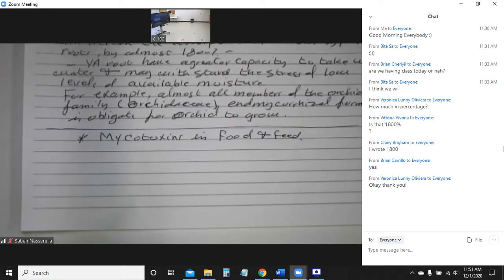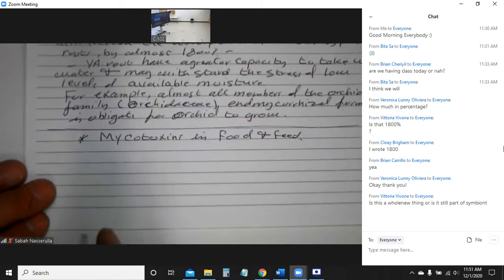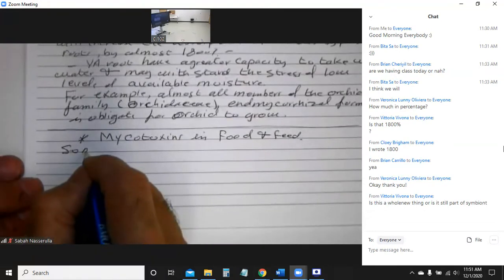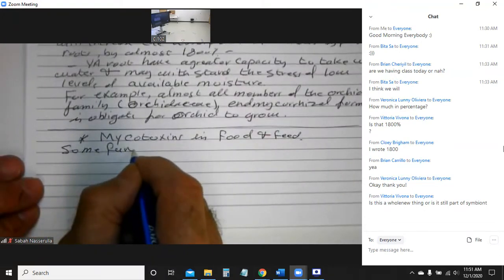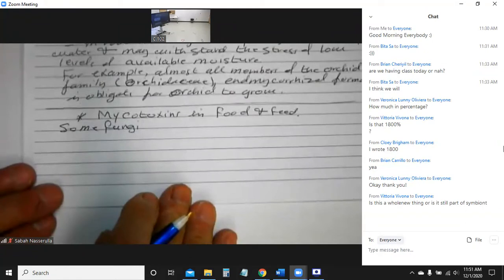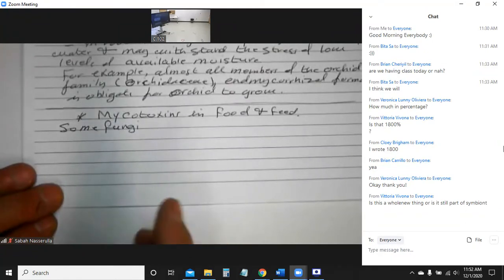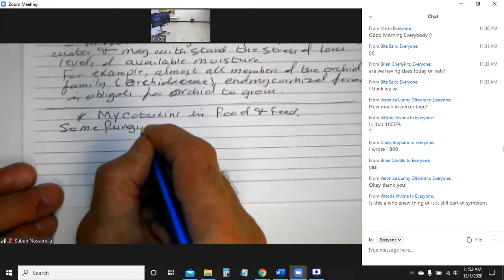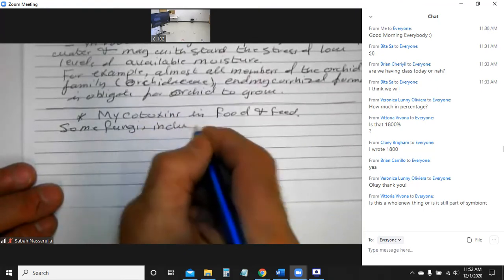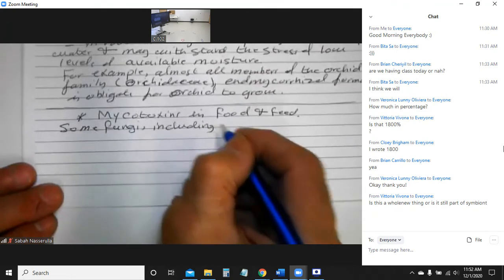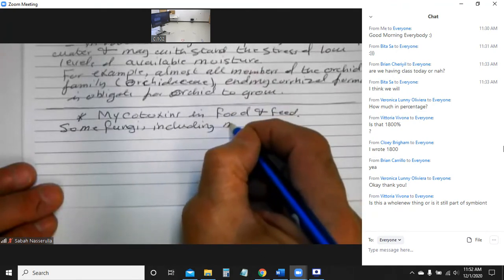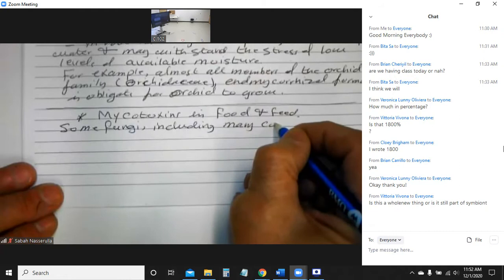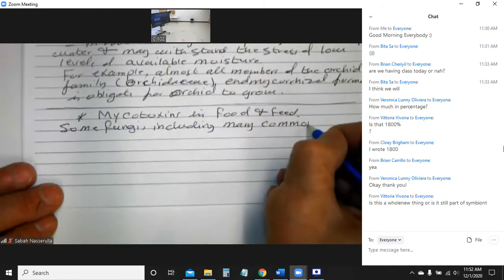To mention this point, some fungi, including many common molds.